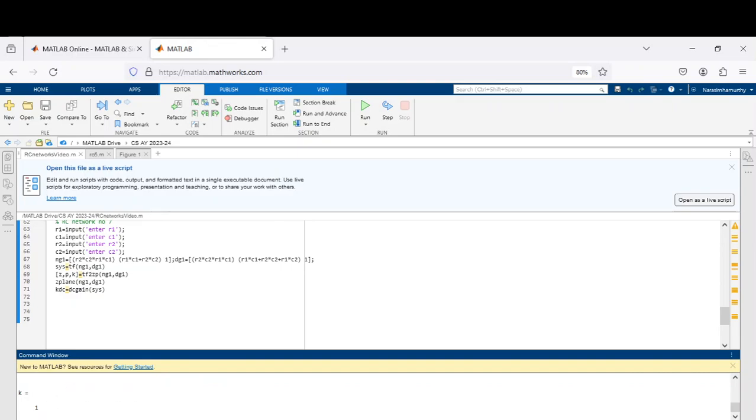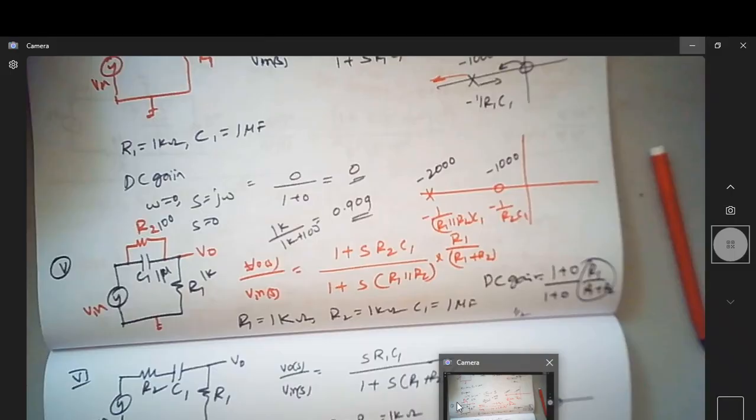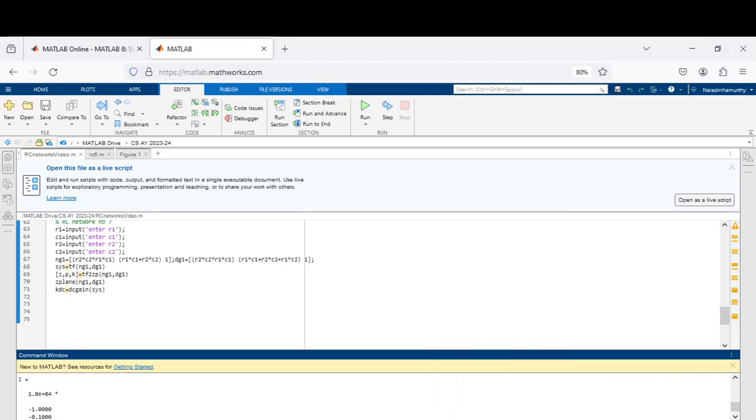So before that, what is my pole position? Can you see the 0 position, this is actually 10 power 4. This is my 0 position. One is at -1000, and this is actually -10,000. That's the expected 0 positions. So zeros are at -1000 and -10,000.